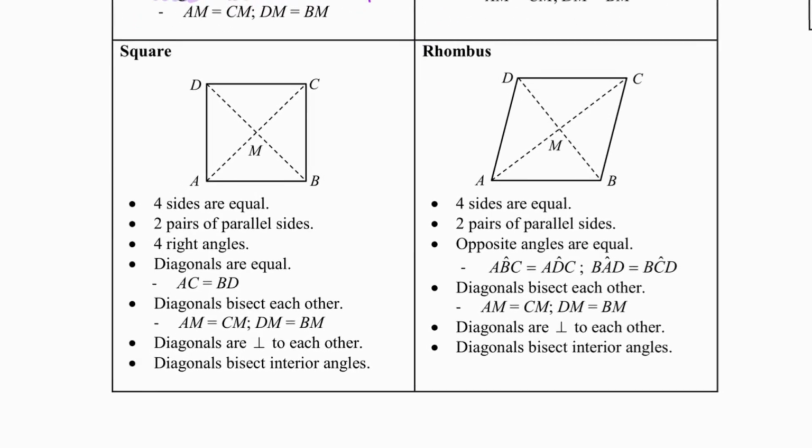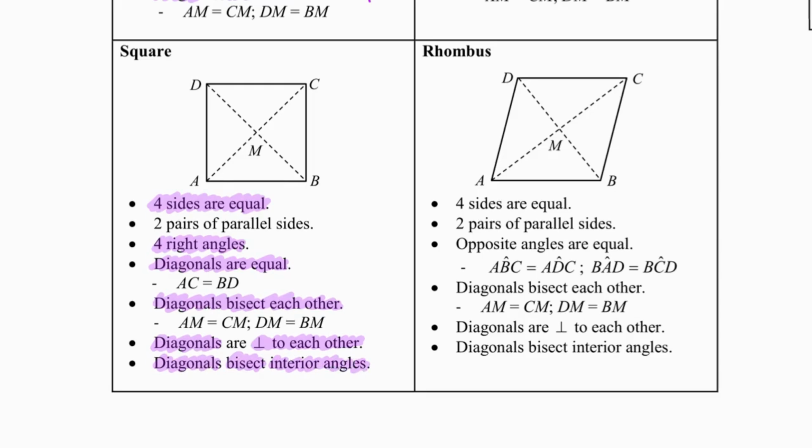Okay, for square, what are the properties that we always like to use? The four sides are equal. We also like to use the four right angles. The diagonals are equal. The diagonals bisect each other. And the diagonals are perpendicular to each other. And the diagonals bisect the interior angles.